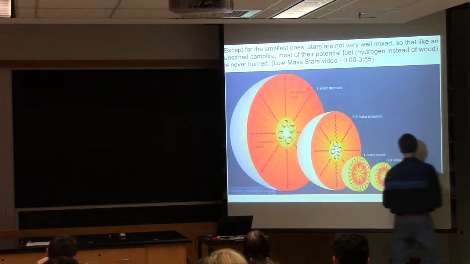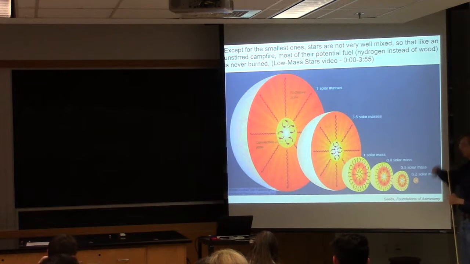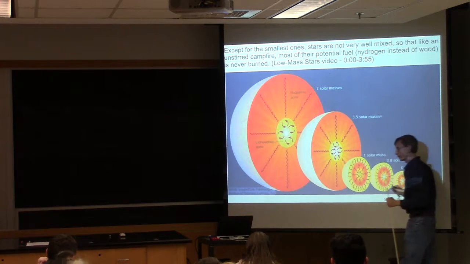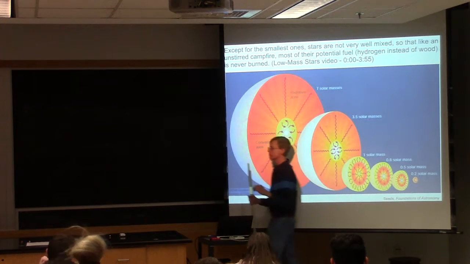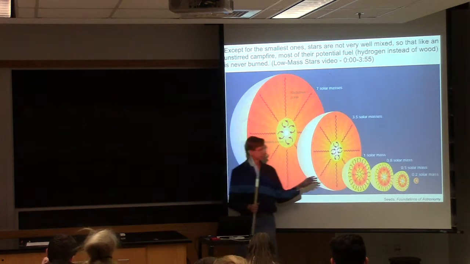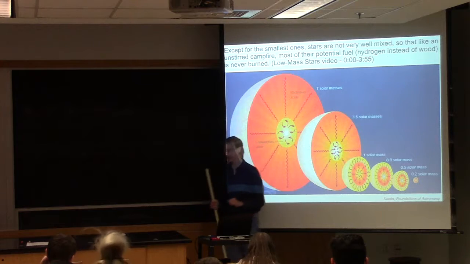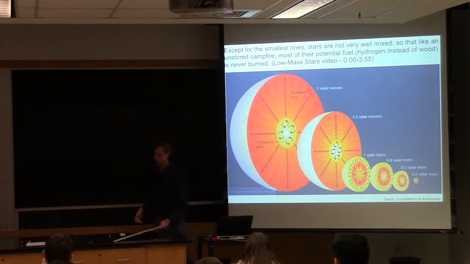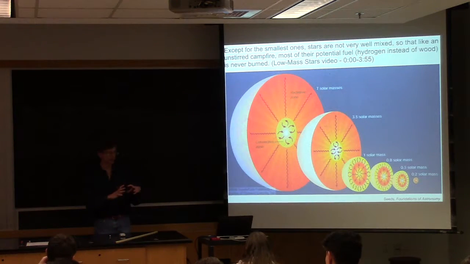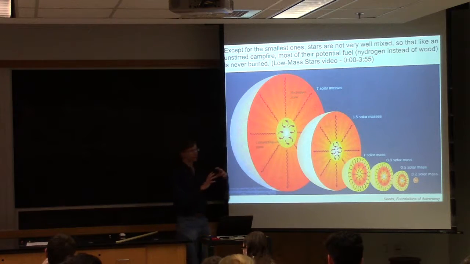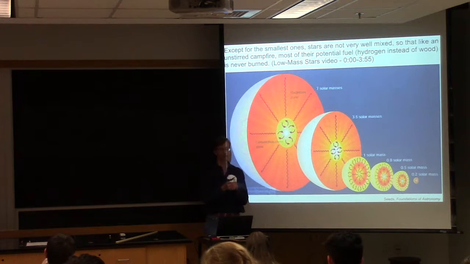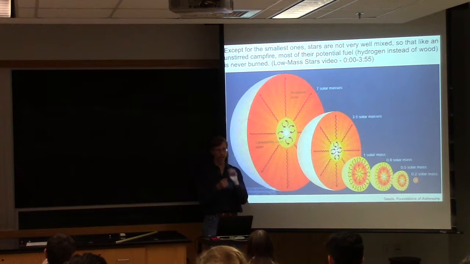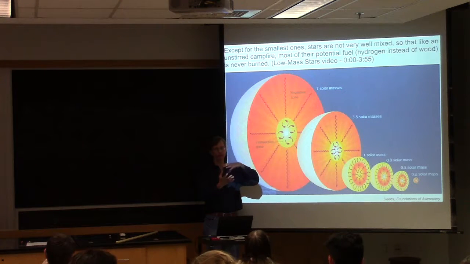The exception is the lowest mass stars. The lowest mass stars are mixed all the way through. The lowest mass stars, for that reason, will never become giants. But other stars become giants because remember that once the core runs out of fuel, it starts to contract because there is no longer nuclear reactions going on inside the core.